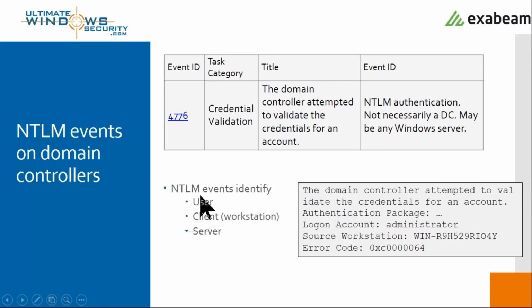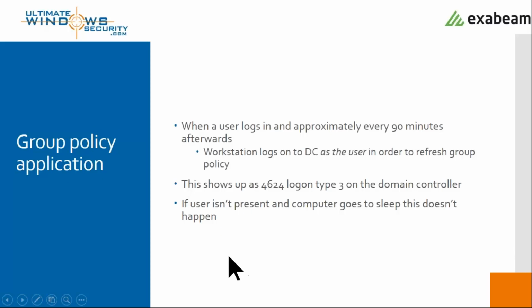But the one thing with NTLM events is they don't tell you the server that the user is connected to. They just tell you the user and the NetBIOS name of the workstation. But for our purposes of figuring out logon sessions, it works pretty good.